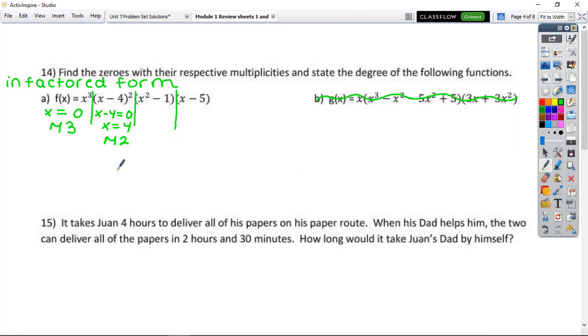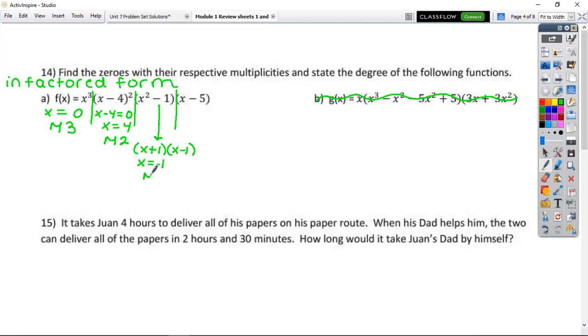But if you look very closely, this next binomial is x squared minus 1, meaning that that is difference of squares. So we have to actually factor this. I'm going to do it down here. So this is, excuse me, x plus 1, x minus 1, which means that this is x equals negative 1.